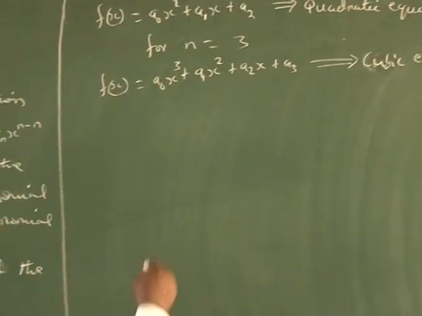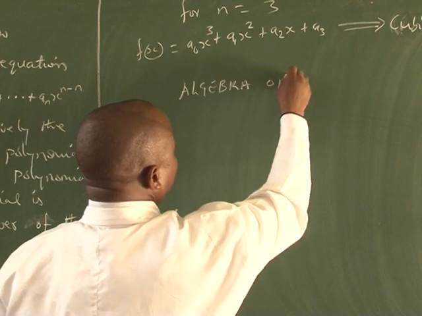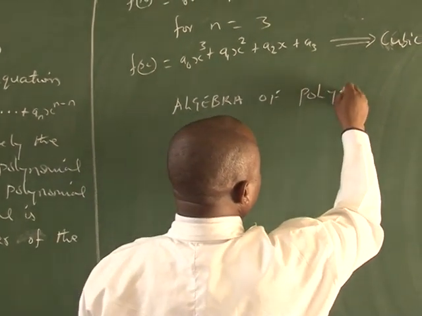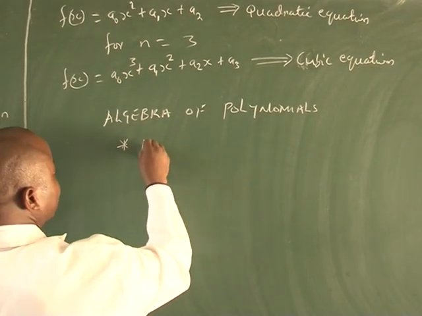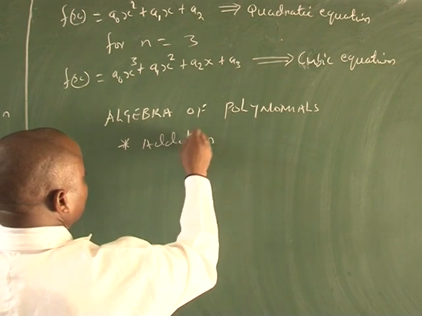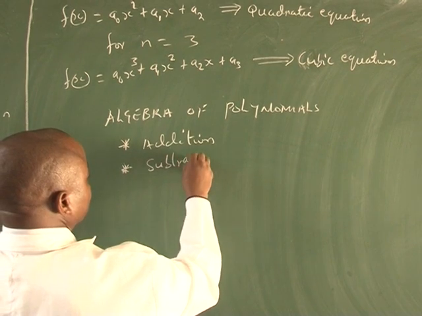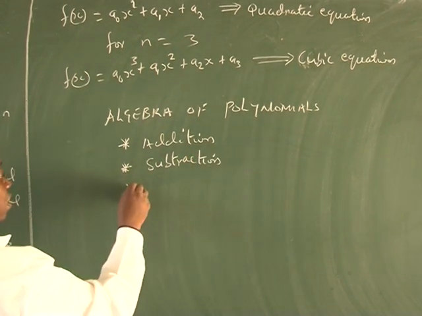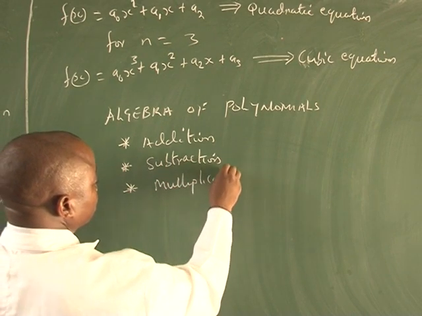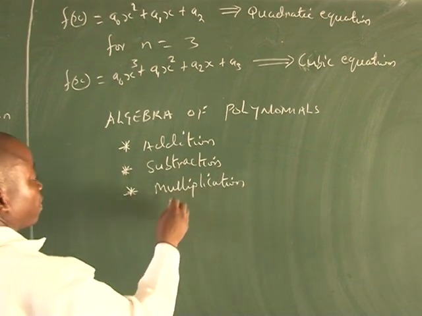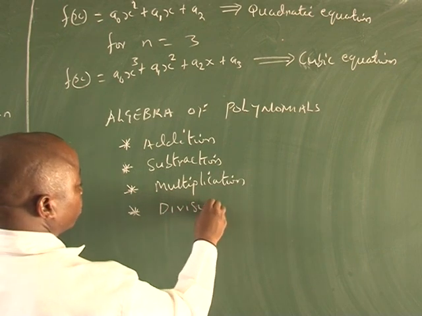And the next thing we'll look at is algebra of polynomials, where we'll talk about addition of polynomials, we will talk about subtraction, multiplication, and we also talk about division of polynomial.